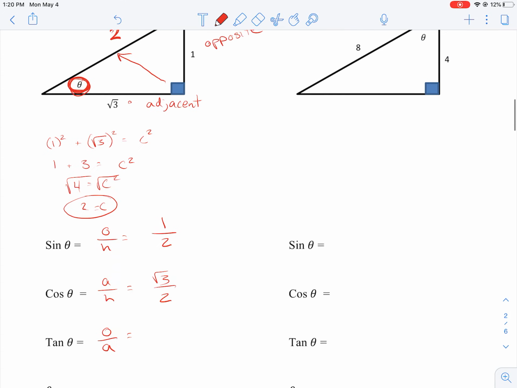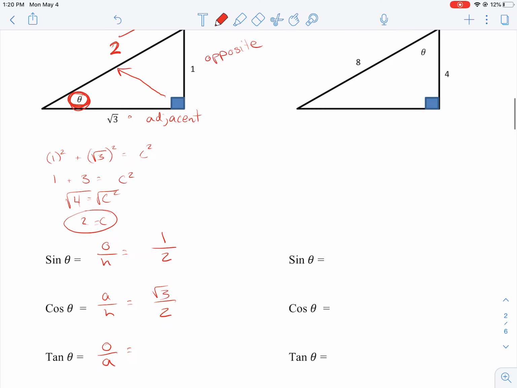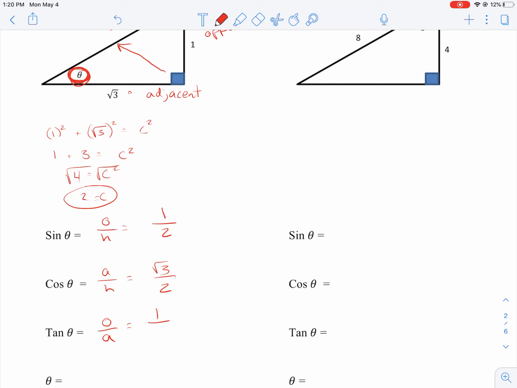And opposite over the adjacent is going to be 1 over square root of 3, but we cannot leave a radical in the denominator, so we multiply the top and the bottom by radical 3 over 3. We get a radical 3 on the top.